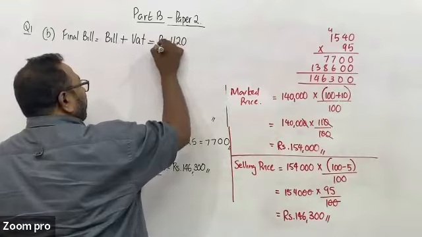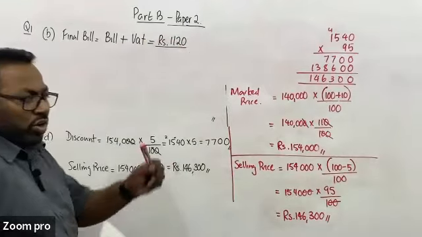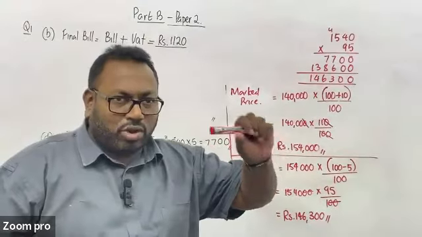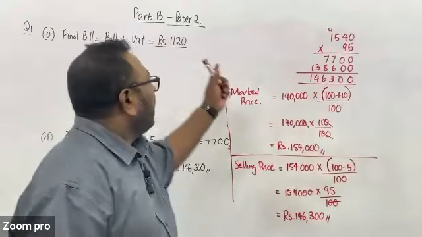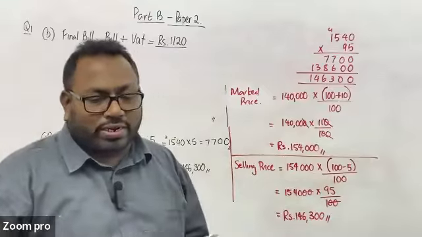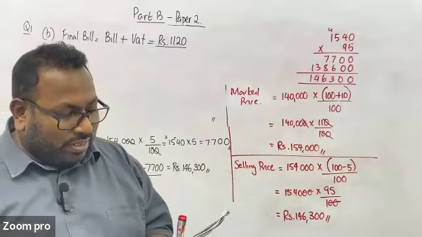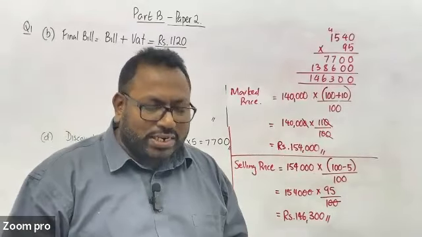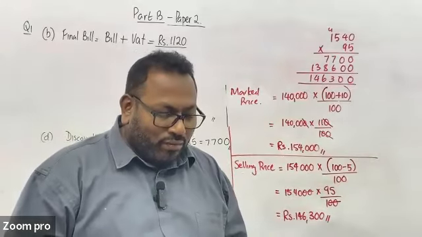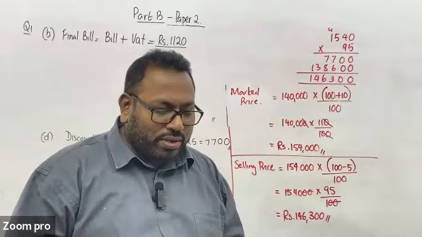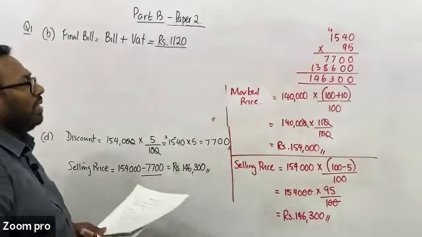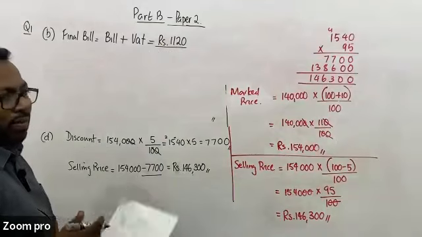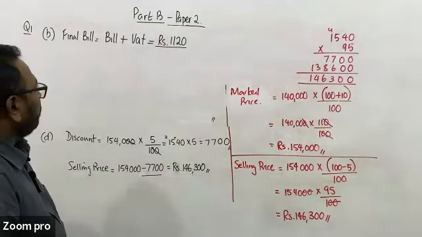So this 1,120 is your normal bill cost plus the VAT amount. They're saying if the VAT was charged at 12%, what is the value of the bill before adding VAT?